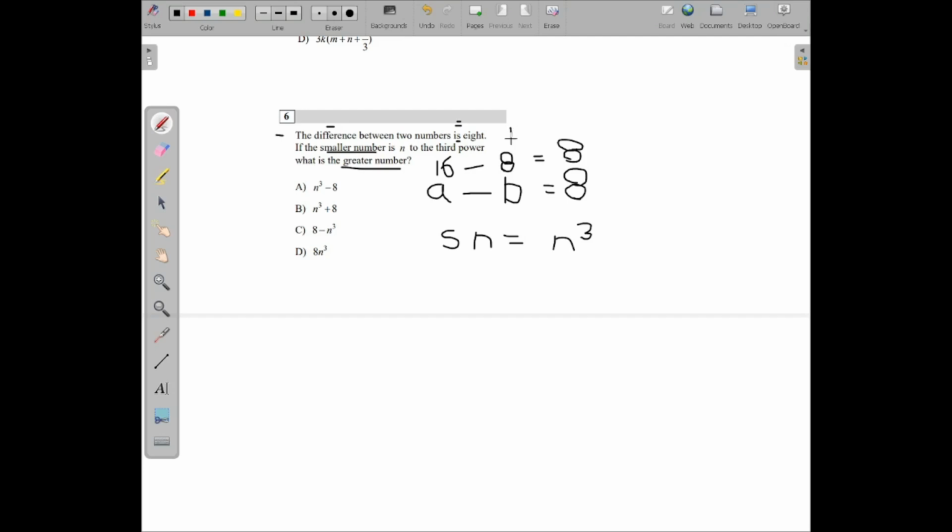So we know that b is the smaller number. So b is equal to n to the third power. Now we need to find a, which is our greater number, and we have to solve this equation.